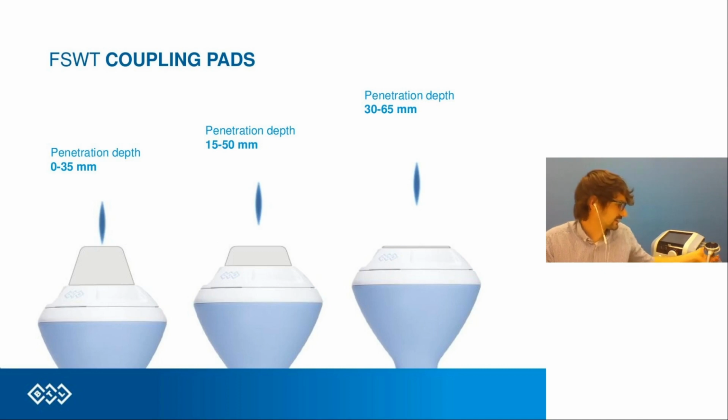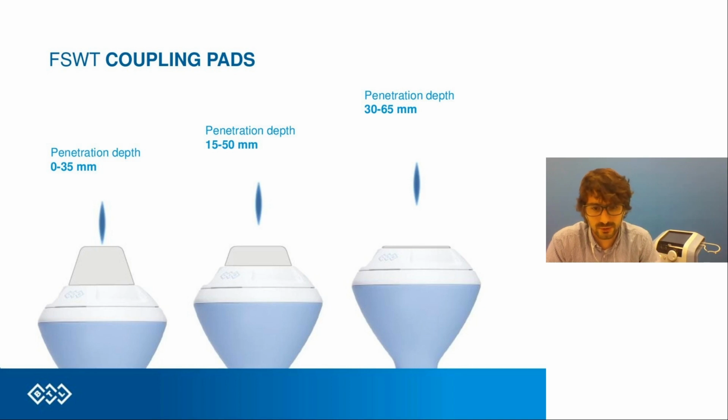To adjust the penetration depth, you are using something that we call coupling pads. These are pads that you are able to put on the applicator, and you are basically changing the distance from the patient's body to the applicator.